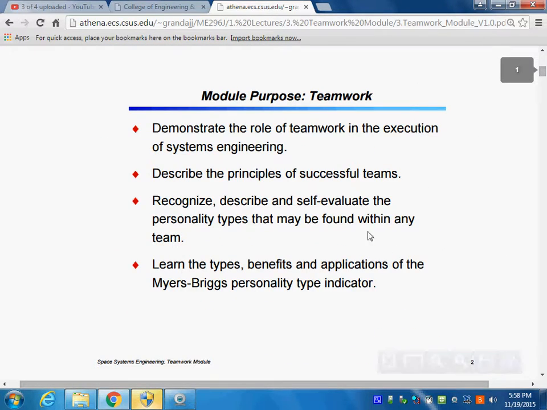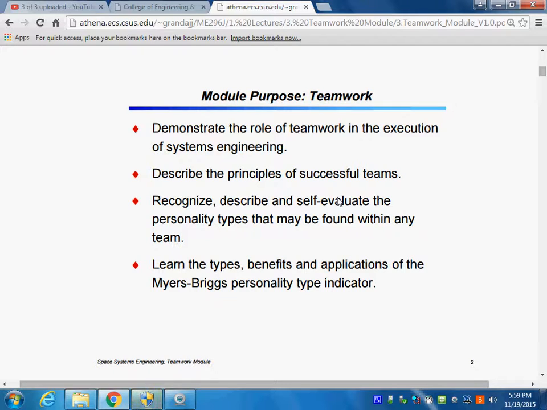The purpose of this is to demonstrate the role of teamwork in the execution of a project. So we need to look at what principles are behind successful teams. We need to recognize the personality types of each of the members and do a self-evaluation of what we're doing in such a way that we would be successful at this.